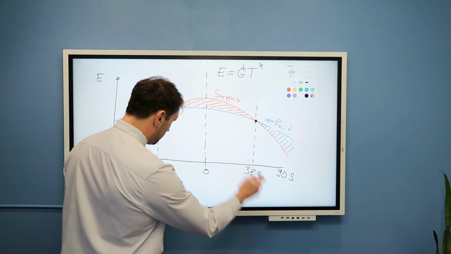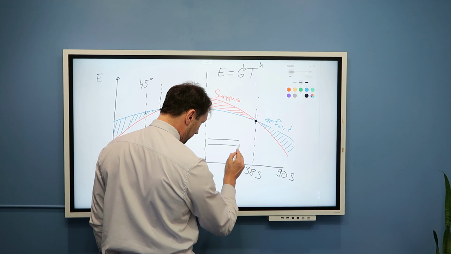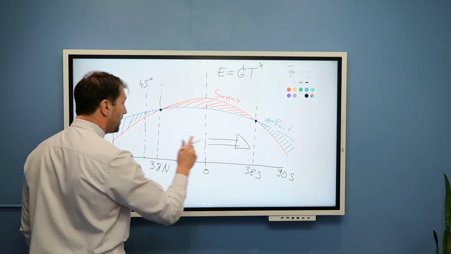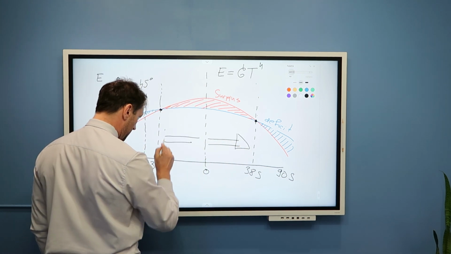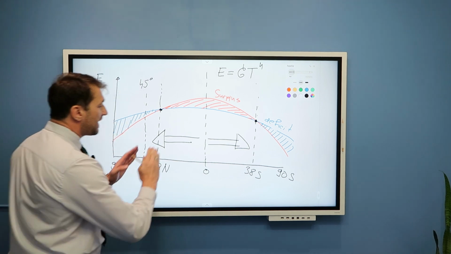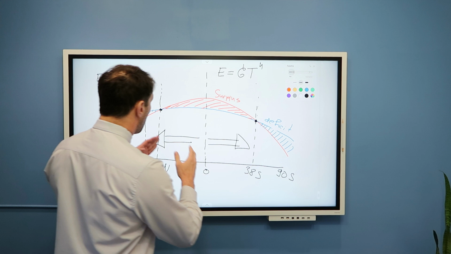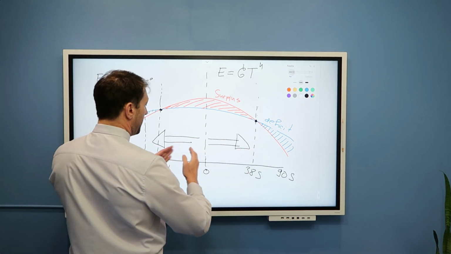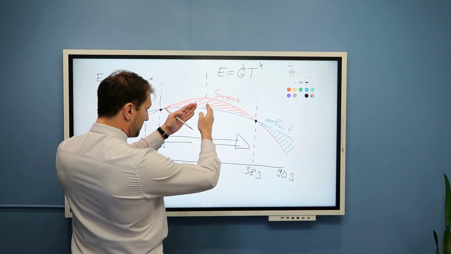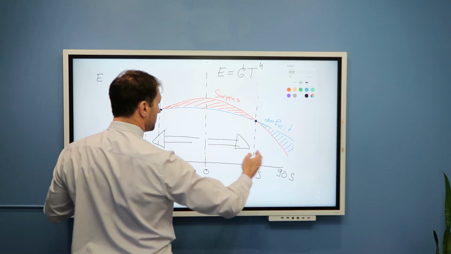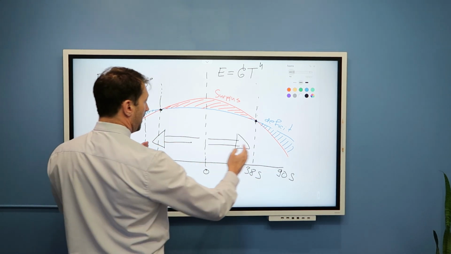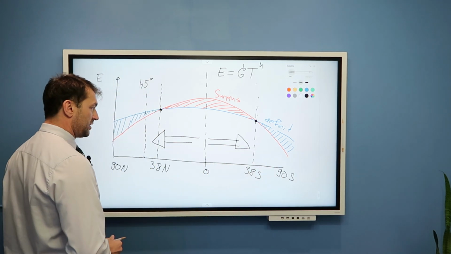The answer is there is transfer of heat from low latitudes to high latitudes. Every day, every season, constantly there is transport of energy from surplus regions, from tropical regions, to deficit regions, to polar or high latitude regions.